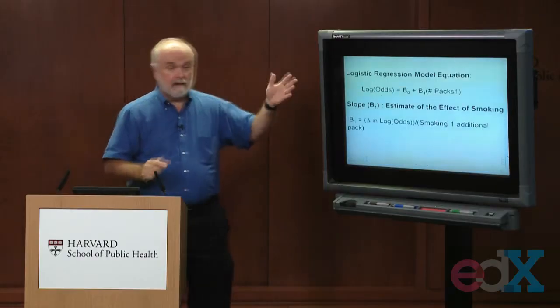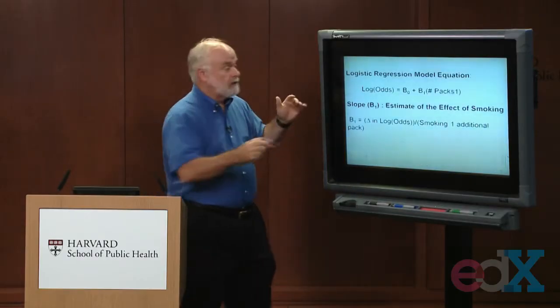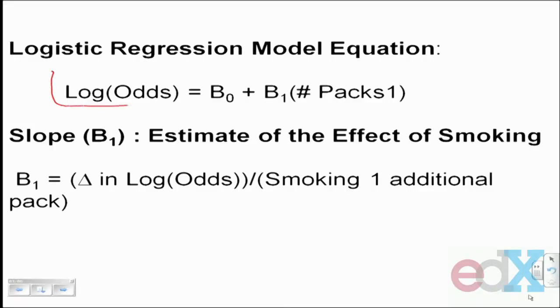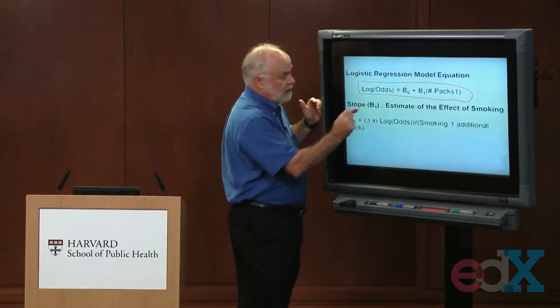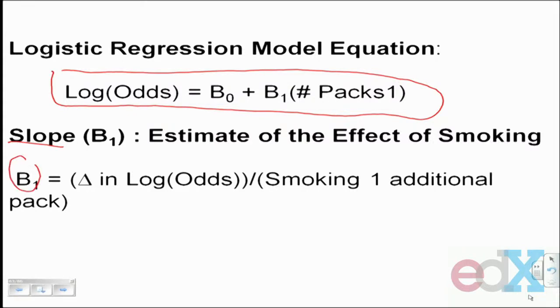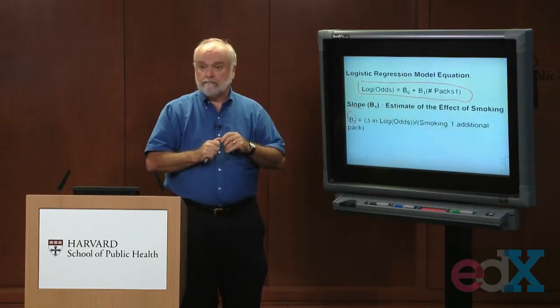It says your log odds of dying is equal to m times x plus b, where x is the number of packs you smoke. Well, you can write that down again in terms of regression terminology, saying your log odds of dying is equal to b0 plus b1 times your x value, x being the number of packs of cigarettes you smoke. b1, again, is going to be a slope. It's going to describe how much your log odds changes when you increase your smoking habits by 1 additional pack a day.